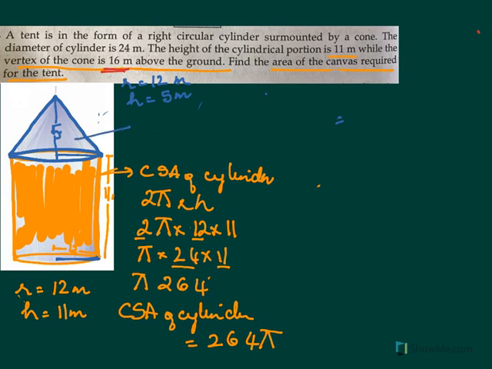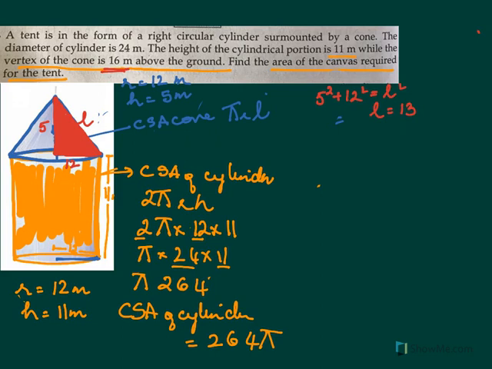Now remember, we have to find the CSA of the cone, which is pi RL. We do not know L, and we will find L by Pythagoras theorem. So to find L, we take this triangle here. For this triangle, this is 5 and this is 12 and this is our L. We use Pythagoras theorem. You have 5 square plus 12 square equal to L square. You work it out, you get L is 13.